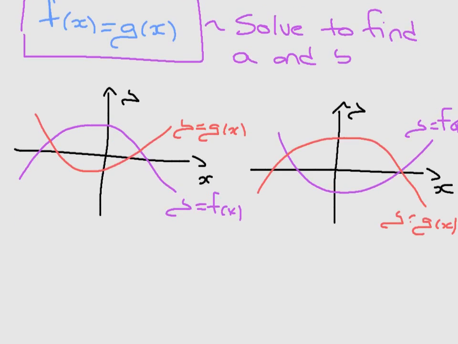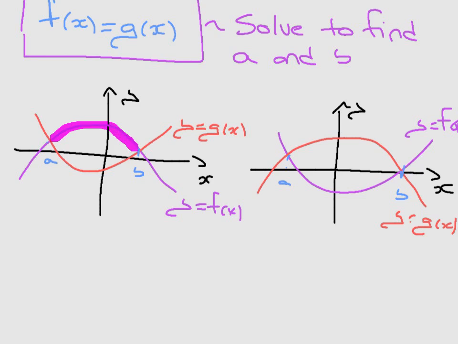Now, the key thing to notice here is that despite the fact that both of these diagrams look very similar, the formula for calculating the area between the two curves will be slightly different in each case. Looking at the first one here, what we notice is that between the two x values a and b, the curve of f of x is higher than the curve of g of x.